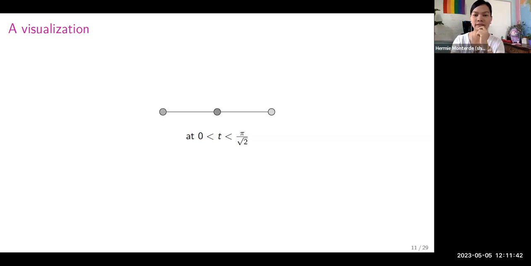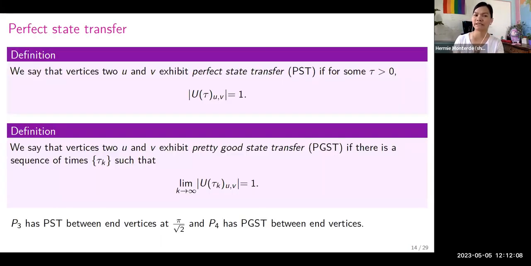Interestingly, the quantum state assigned at one end vertex at time t equals 0 is now found at the other end vertex at time pi over square root of 2. And that is nice because that's what we call perfect state transfer.